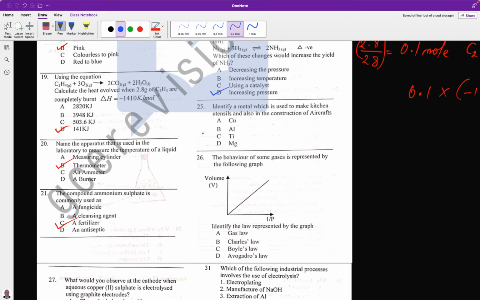One advantage of aluminum is that it is lighter, and it is abundant in the earth's surface. It can be used for the construction of aircraft, even vehicles, and kitchen utensils. So aluminum is the one. We take answer B. 25 is B.